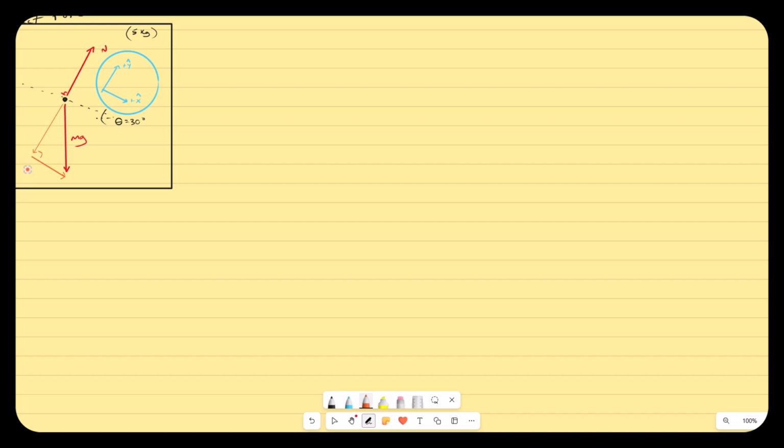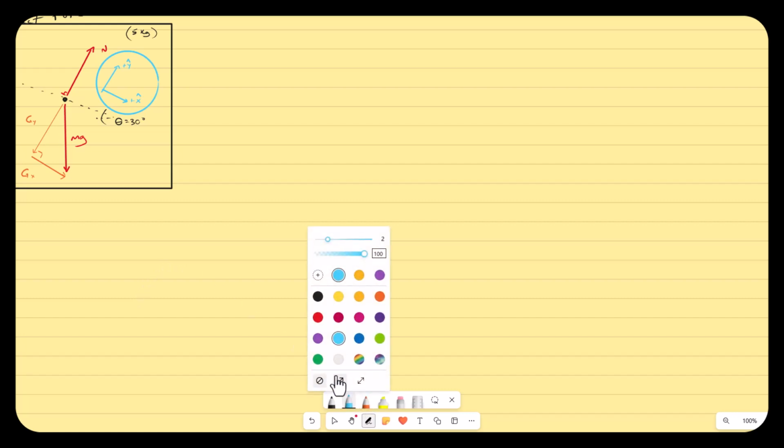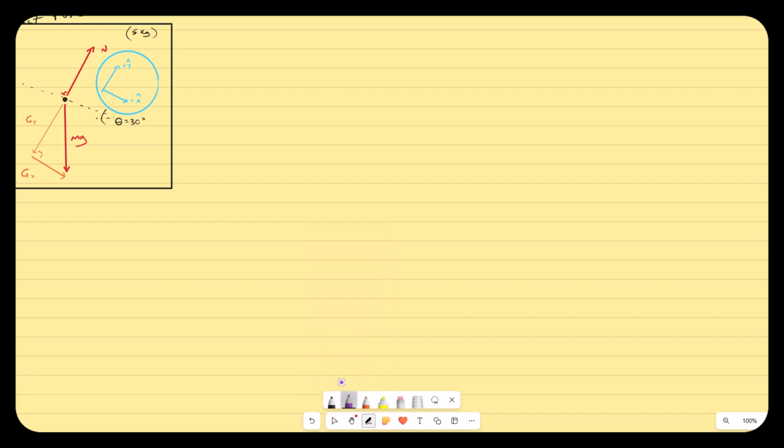So if I call this thing my gravity x and this thing my gravity y, I'm going to need to be able to find those. Here's where we start to mess around with triangles a little bit. It won't be bad, and I'm going to erase it afterwards. I have right here a right triangle. There is a 30-degree angle there, theta, which means this angle up here must be 60 degrees.